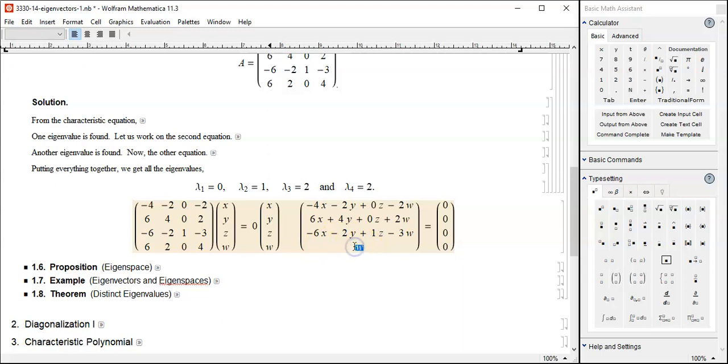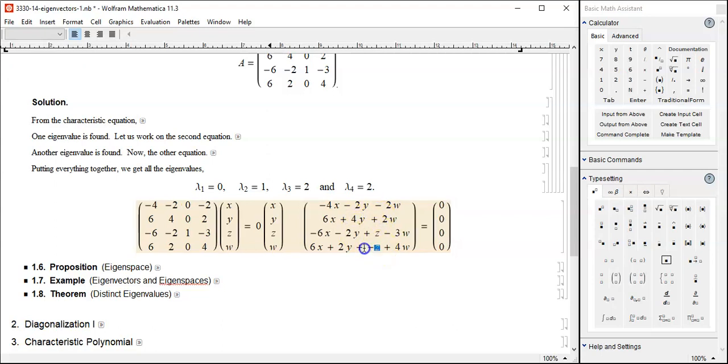And finally, the first row, 6x plus 2y plus 0z plus 4w is equal to 0. Okay, so we don't need this 0 part. We don't need this 0 part. And can we simplify?